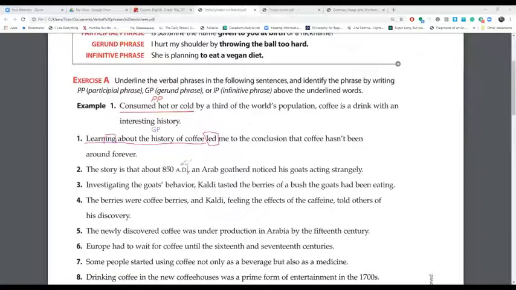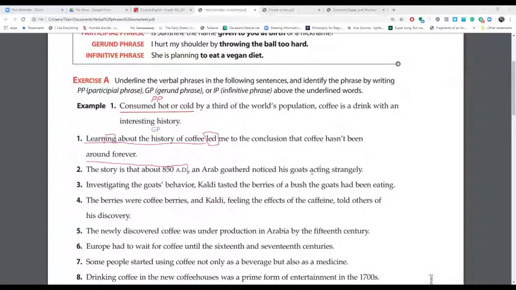This whole first part is not quite a phrase that we're going over. It's sort of its own clause. Goat herd is a person. Noticed is the main verb here, actually. So what the goat herd did, he noticed something. This is the main verb.